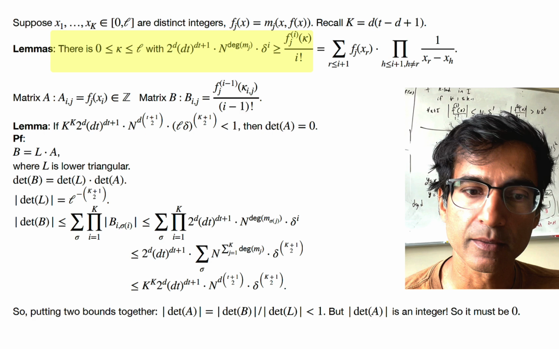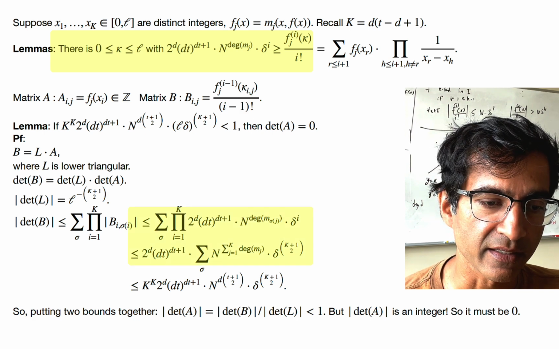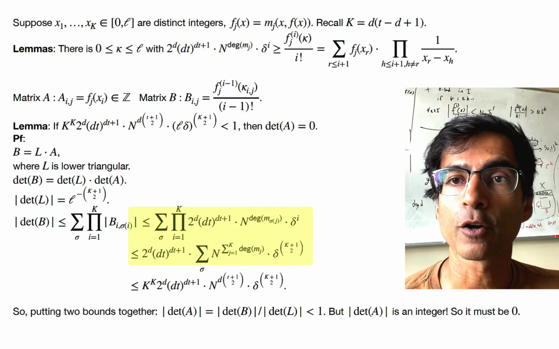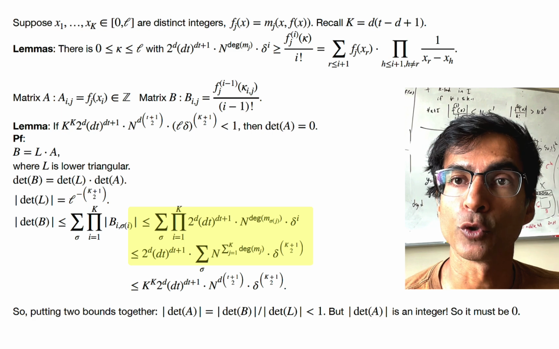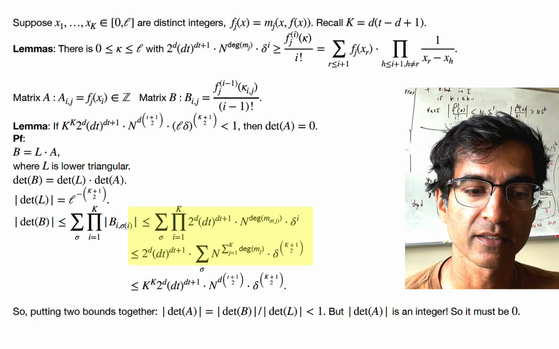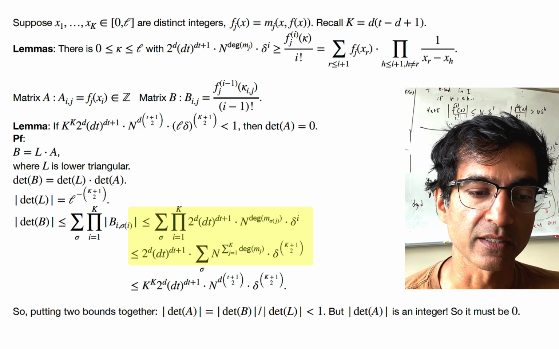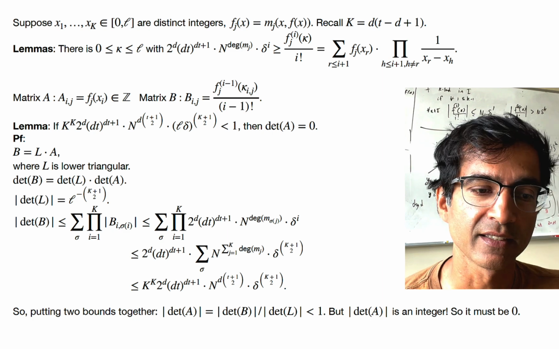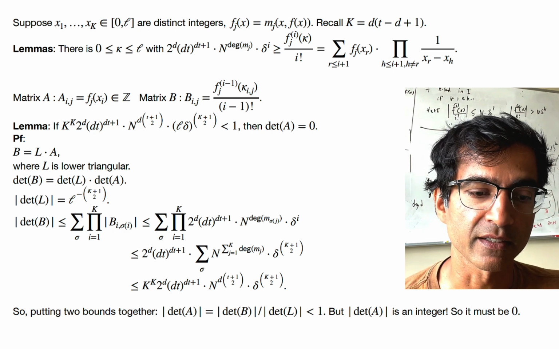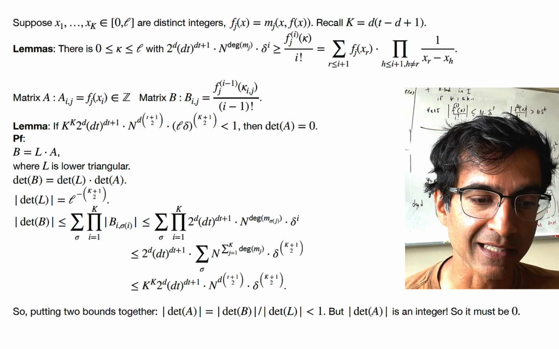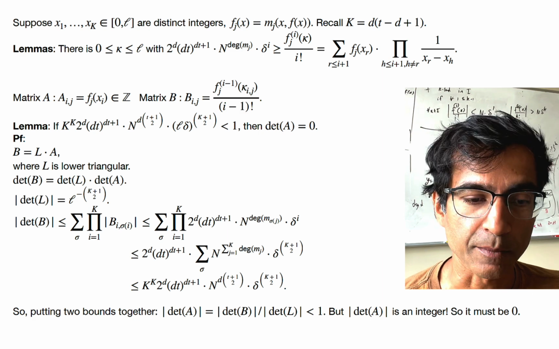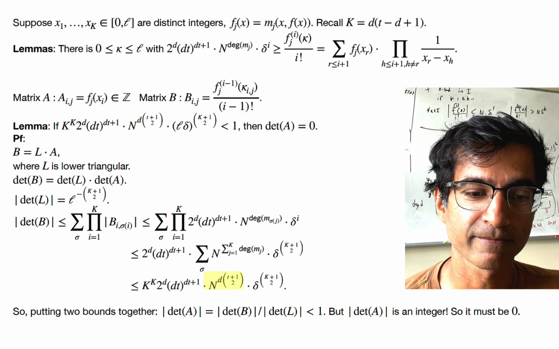Okay, and when you calculate it a little bit, what you get here is an expression that looks like n to the power the sum of the degrees of all the monomials in our set. Okay, which we can compute exactly, the set of monomials we have. The sum of the degrees is upper bounded by d times t plus 1 choose 2.